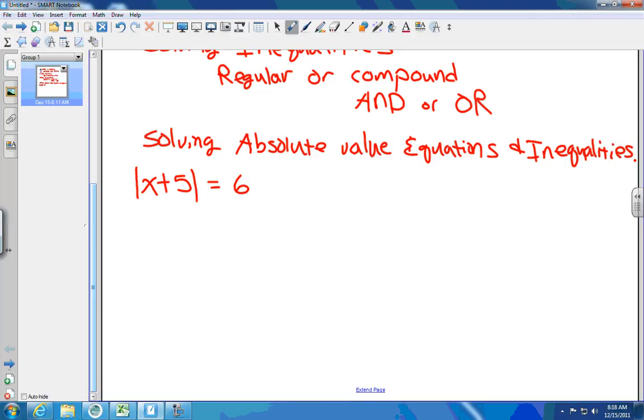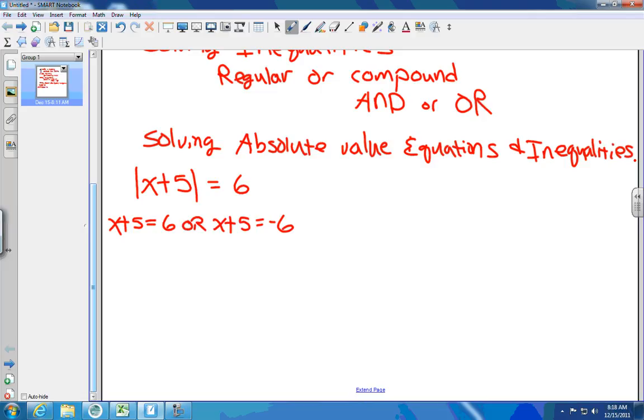Any of these absolute value equations or inequalities, you have to split them up or at least change them. You have to do either an equation or an and or compound inequality. So this one we would split up: x plus 5 equals 6 or x plus 5 equals negative 6.